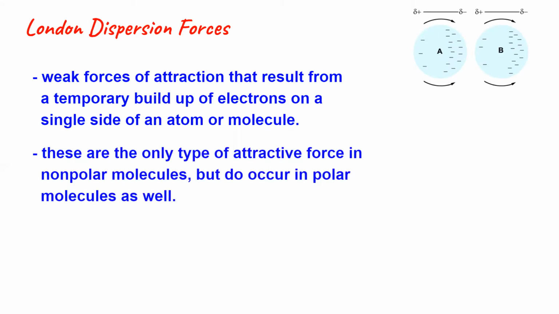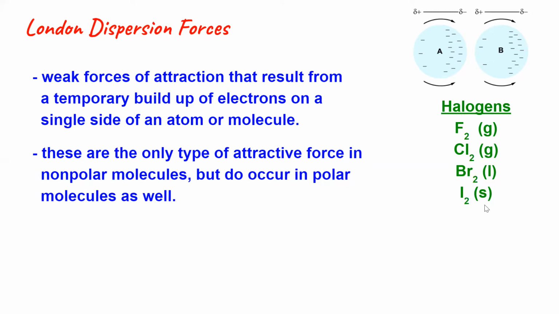They do occur in polar molecules as well, but they're the only type of attractive force in between two nonpolar molecules. And if you look at the list of, this is just the halogens in group 17, if you notice at the top of a group where the atoms are small, the molecules are gases. But as we go down a group and the atoms get larger, you start to see that they go to a liquid state and then eventually to a solid state.